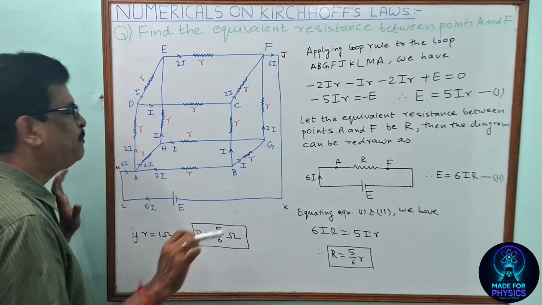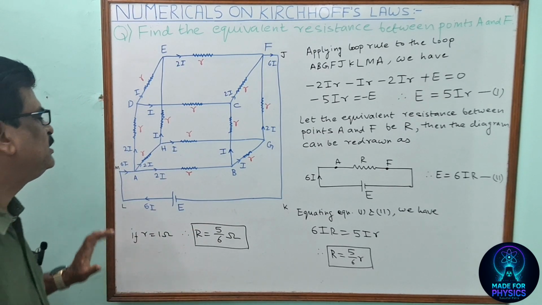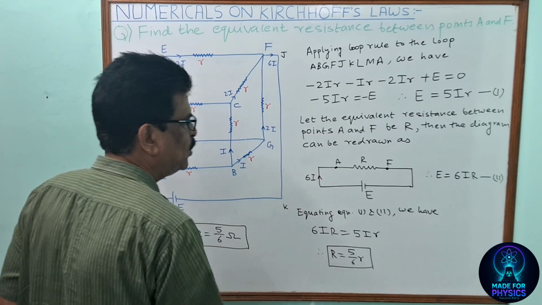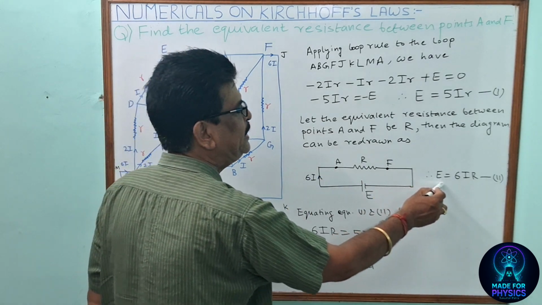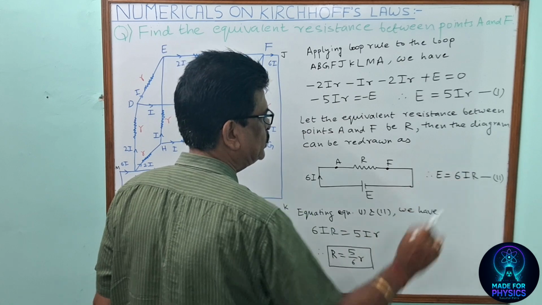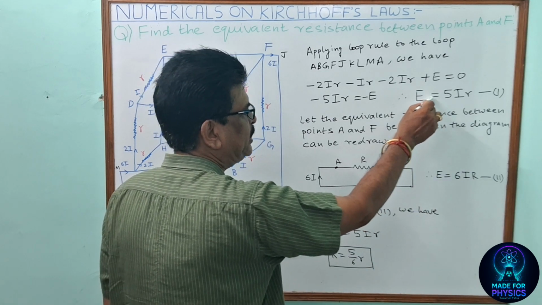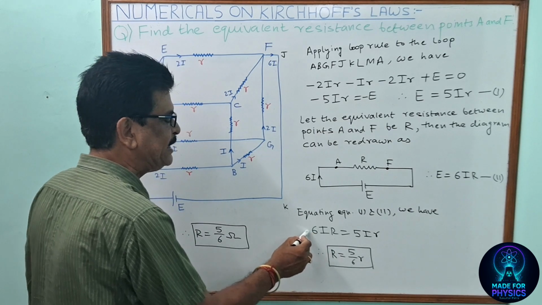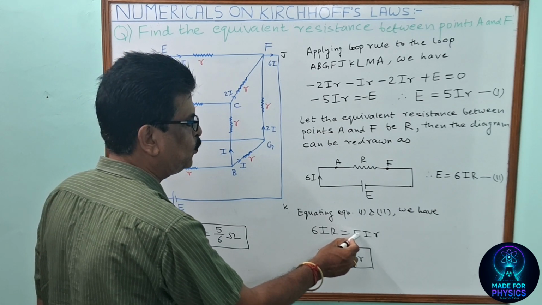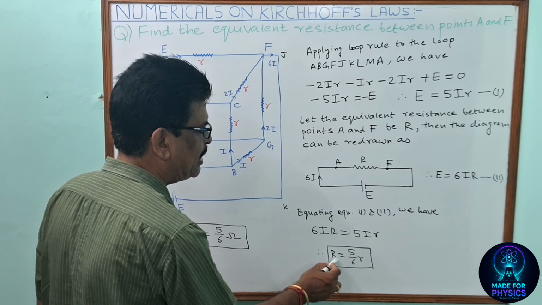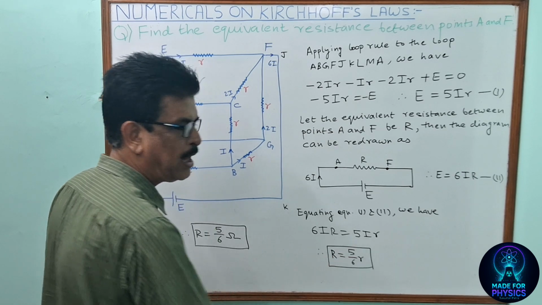So from Ohm's law, E is equal to 6I into R. This is equation 2. If I equate equations 1 and 2, it becomes 6IR is equal to 5I small r. I gets cancelled, and therefore capital R is equal to 5 by 6 small r.